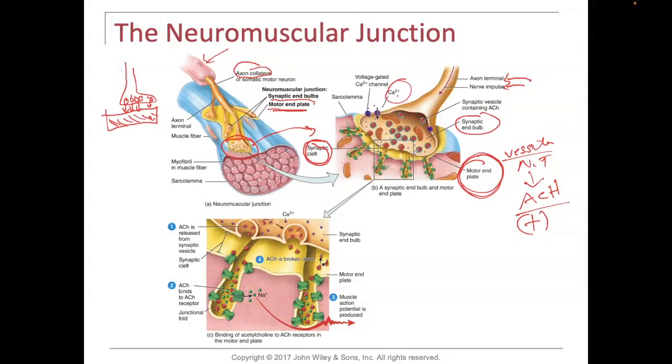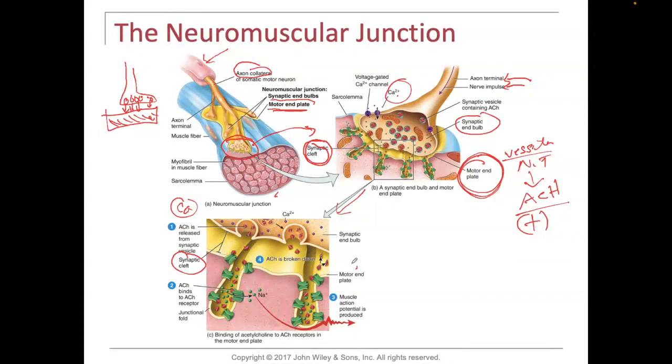So now we're taking this that's boxed in and we're going to look at it over here. So we can see in these circles, the ACh is released from the synaptic vesicle. It's crossing the synaptic cleft. What made that happen, remember, was calcium. Calcium influxed in and it told the acetylcholine to cross the synaptic cleft.